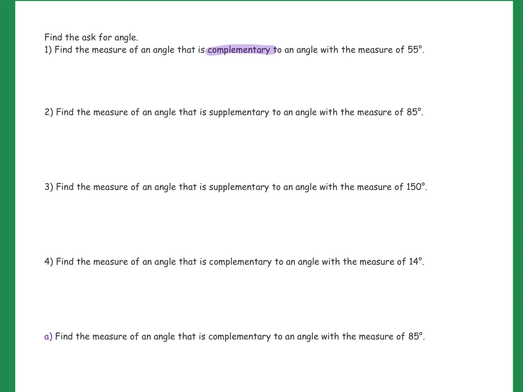It doesn't matter if they touch or not, but complementary means that they add to be 90 degrees. So the two angles have to be 90 degrees. So I'm going to take 90 and subtract 55 from there. And that's how I find my other angle. So that would be 35 degrees. And that's it. Right?